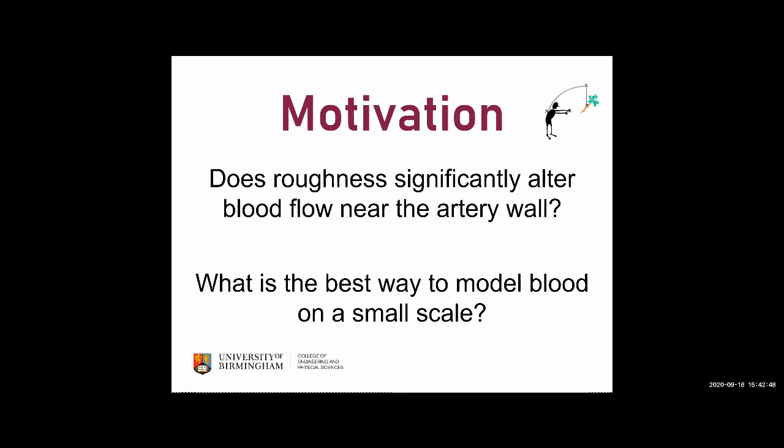Which of these is going to be the best for modeling blood on the big scale in terms of flowing through the artery, and the small scale flowing over this very small surface? So we need a model that's robust and can do both of these very well. And we're going to look at different approaches of how one model performs versus the other. So those are our two ideas behind this kind of model.